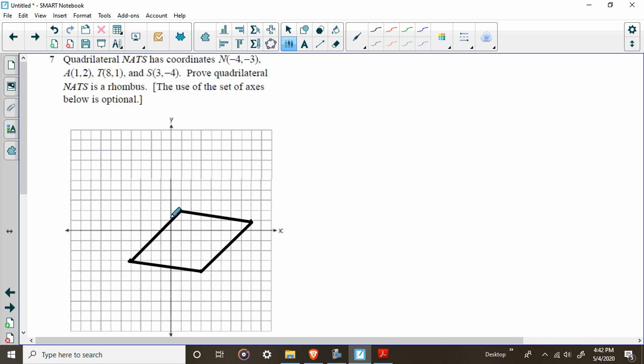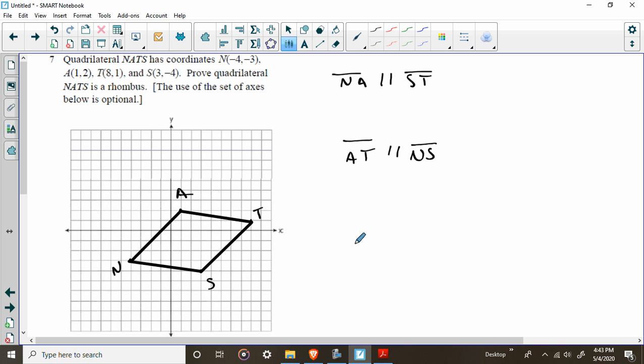So again, let's go ahead and label these. We got N, A, T, S. Okay. So again, if we want to prove it's a rhombus, let's do this. We want to say first that NA is parallel to ST, right? First thing. Then we're going to want to say is AT parallel to NS.